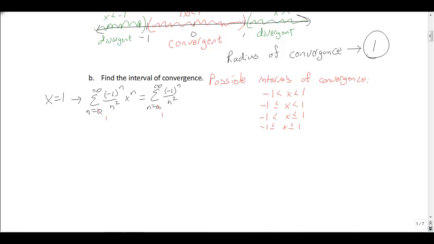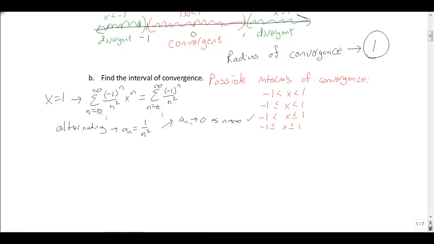So what I'm going to say here is now this series is just a straight up alternating series. So this is alternating, and we have three things to check here. I have a_n equals 1 over n squared. So the a_n's go to 0 as n goes to infinity.